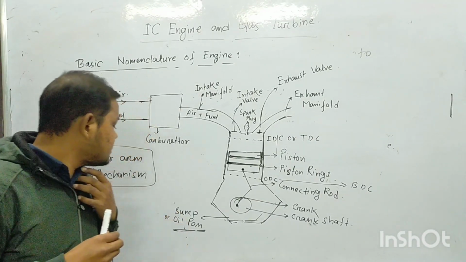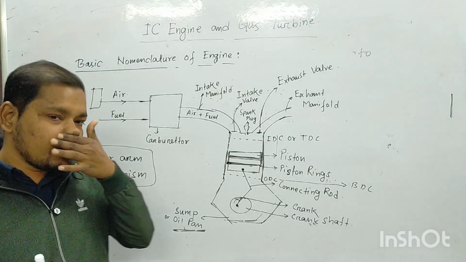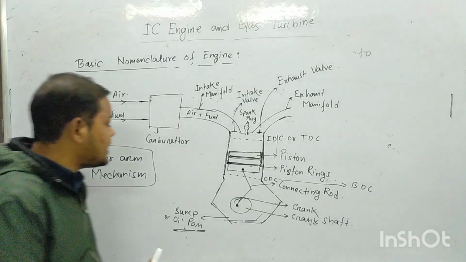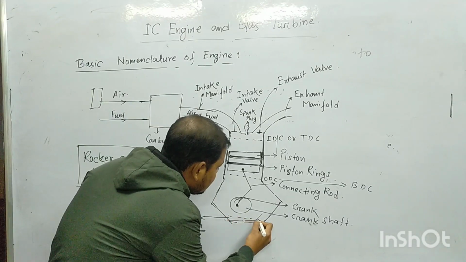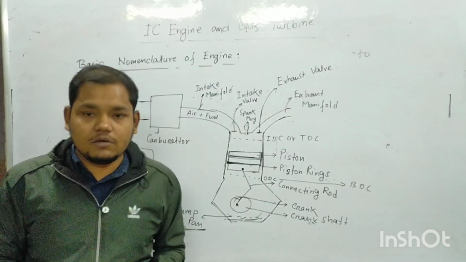This is the sump or oil pan. What does the sump or oil pan do? Some oil is kept here, and what kind of oil? That is generally lubricating oil.